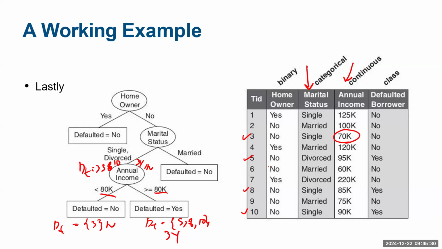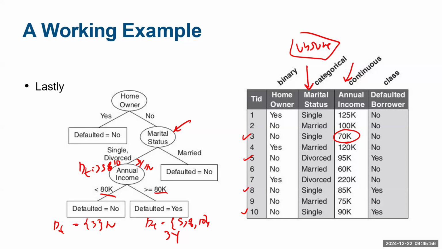For example, if I have the new status unsure, when I reach this node, this node is marital status. You go left if you are single or divorced. You go right if you are married. But if you are unsure, where do you go? You cannot.